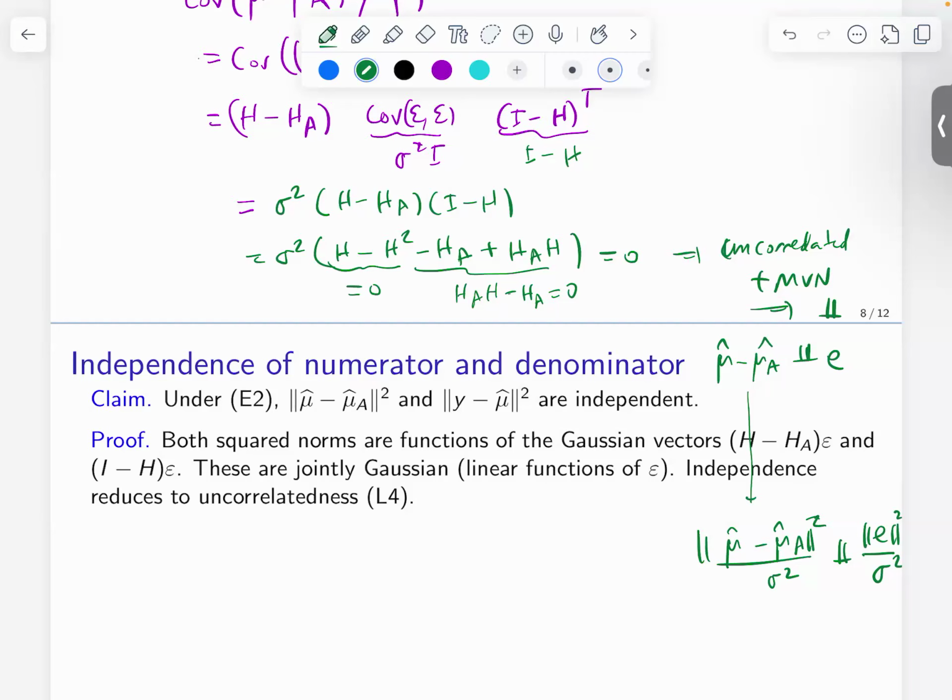Because even if the sigma squared is there, the independence still holds. Yeah, okay, sigma squared is a constant, so you don't need to worry about it. But I'm taking the norm squared, which is a nonlinear operation. What can I still claim? Functions of independent variables.